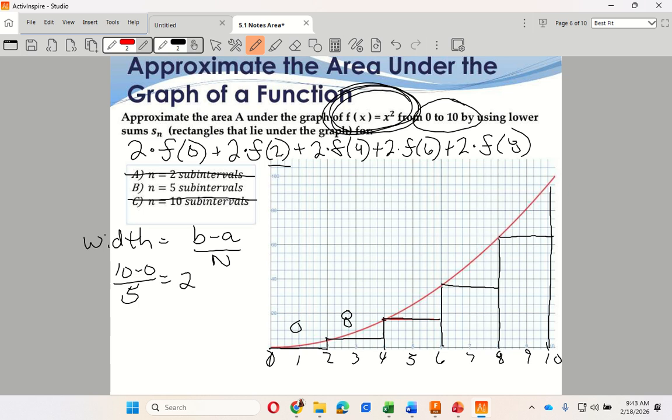So if you count up your rectangles, that's what you're looking for. All right, so next one is f of 4, which is 16 times 2 is 32. 36 times 2 is 72. And 64 times 2 is 128.